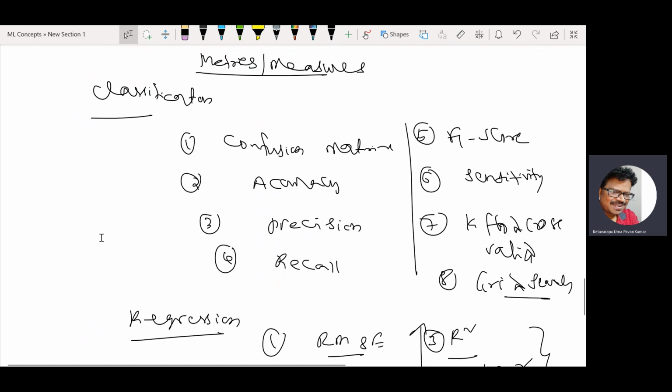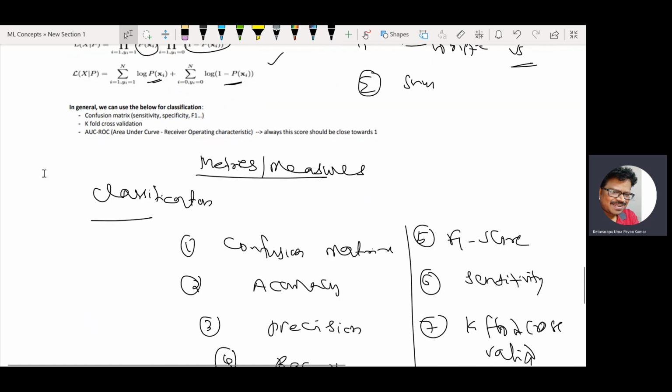In terms of classification, we can make use of specificity, sensitivity, F1 as byproducts of the confusion matrix. And k-fold cross validation, grid search CV we have already seen in the beginning of the sessions, guys. If you want to revisit that, just use the repository.